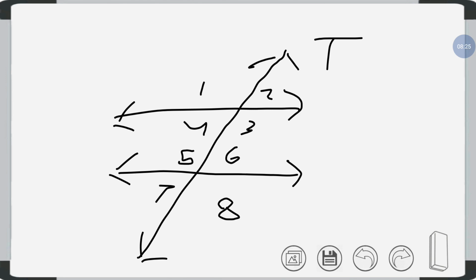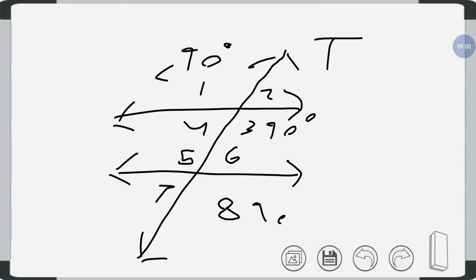Wait, let's say this measure is 90 degrees. It's an example. So this one should also be 90 degrees because they are vertical angles, and this one, angle 8, should also be 90 degrees.